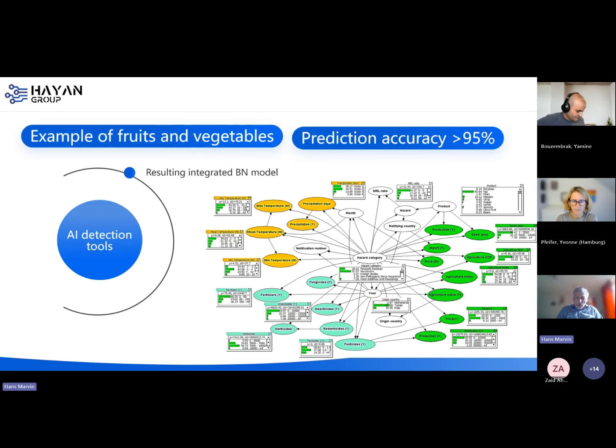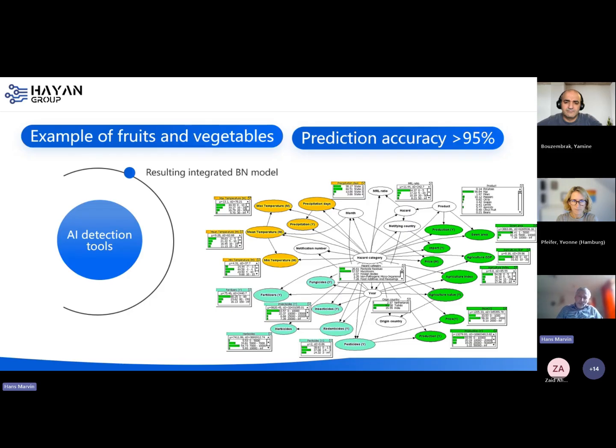So this model was optimized for the prediction of the hazard category of any fruit and vegetable imported at any time from Turkey or India. The model has an accuracy of prediction of more than 95%, which is quite good.